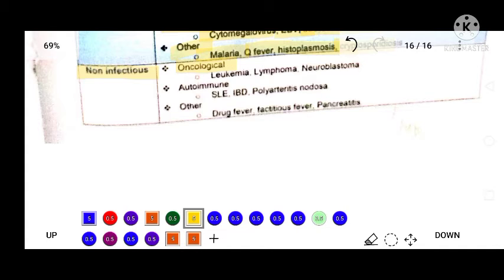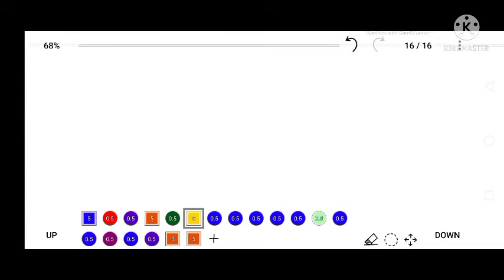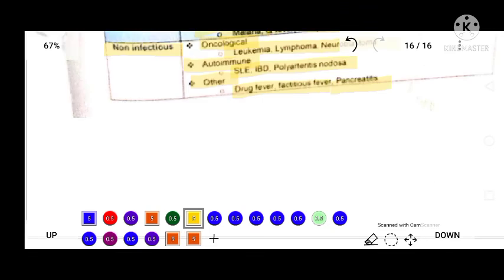Non-infectious causes are oncological causes like leukemia, lymphoma, neuroblastoma. Autoimmune causes are SLE, IBD, and polyarteritis nodosa, and other non-infectious causes are dengue fever, infectious fever, and pancreatitis. So these are the causes of pyrexia of unknown origin.